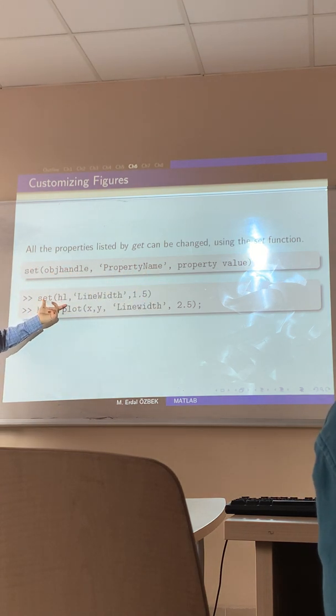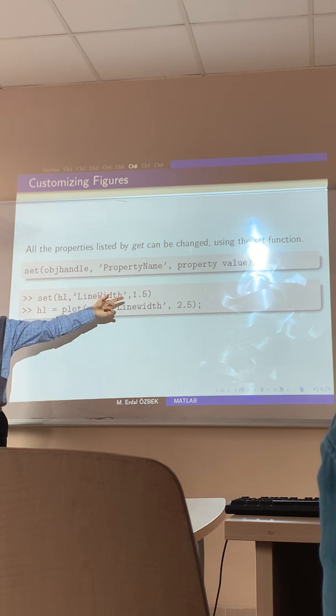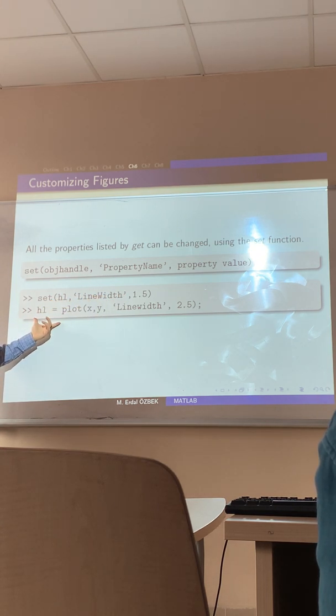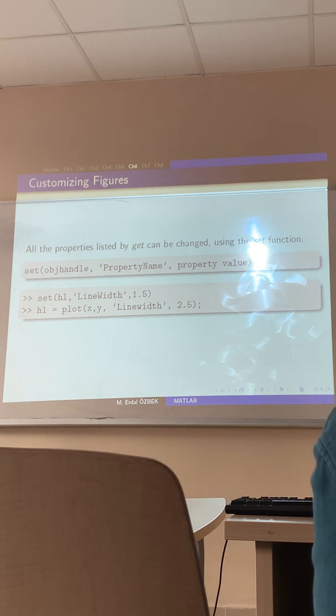For example, you set your line width to 1.5, okay, so that your plot will be thicker. So you can set your h1, which is your object, which is your figure, for example, and in your figure you change the line width of the lines to 1.5.